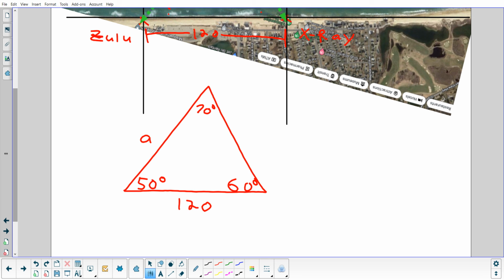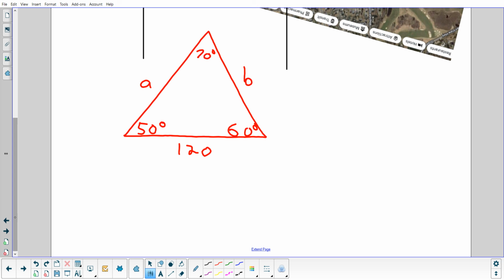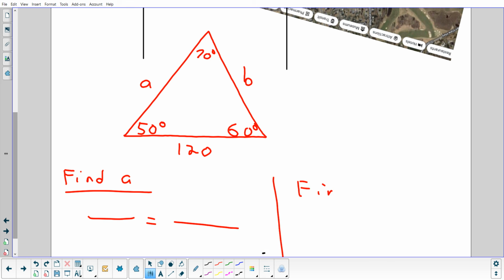So now let's call these A and B, and let's set up an equation, and we can find both of those directly. Can someone give me the piece of information that I can use to find A and to find B?